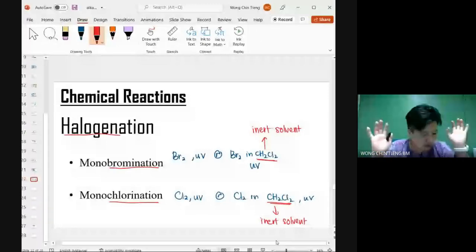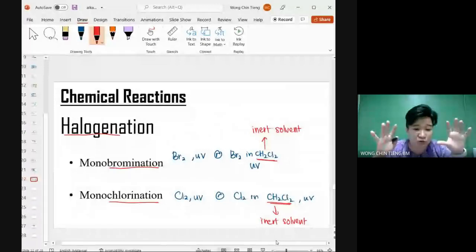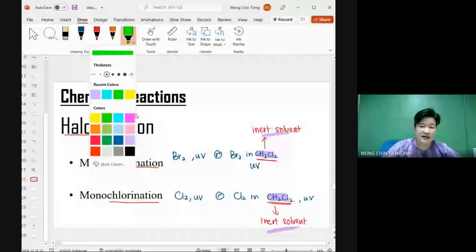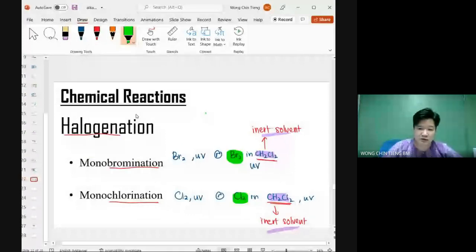Inert means you are not going to do anything, you are not going to be involved in the reaction. Your inert solvent is only a pelarut, pelarut yang dia takkan kacau reaction kamu. So jangan tertipu dengan CH2Cl2 yang dia bagi tu, dia tak kacau apa. Yang kita akan fokus adalah the Br2 or the Cl2 in the presence of UV. Yang tu sahaja kita akan tengok untuk bromination dan chlorination.